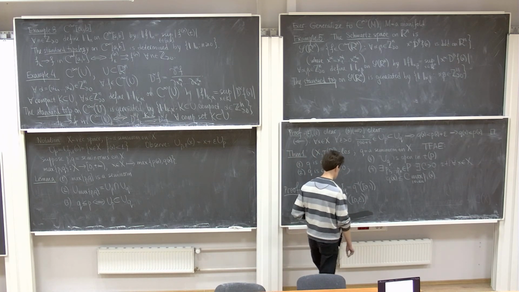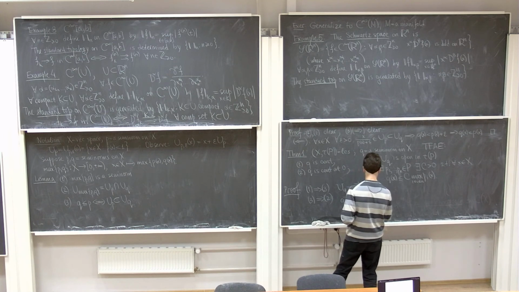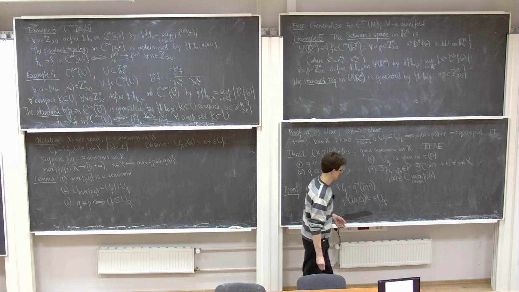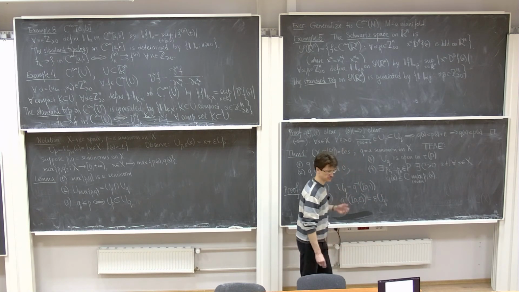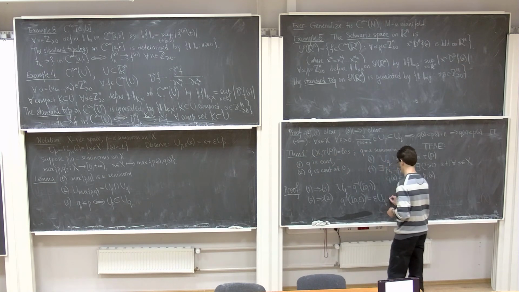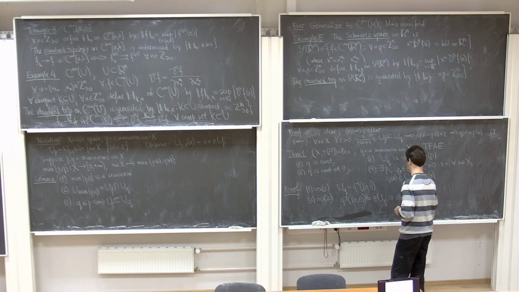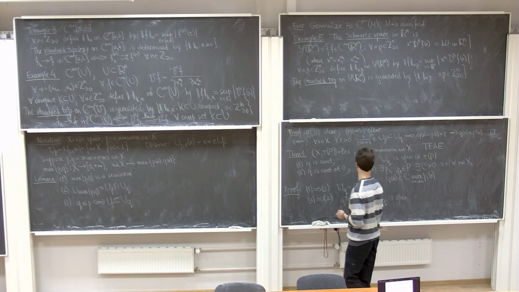But it is open because this is nothing but epsilon multiplied by UQ. So UQ is open, and so this set is also open. This shows that 3 implies 2.